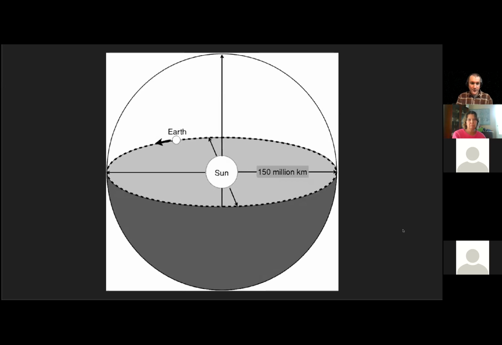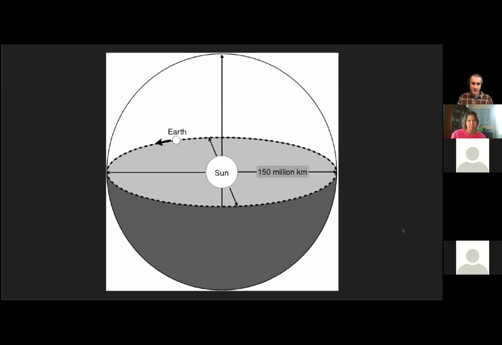We know all of the relationships between the sun and the earth. We have our approximations for the size of both of these objects. We know their approximate distance. They're about 150 million kilometers apart. There is variability in that value throughout the year and also over very long cycles.